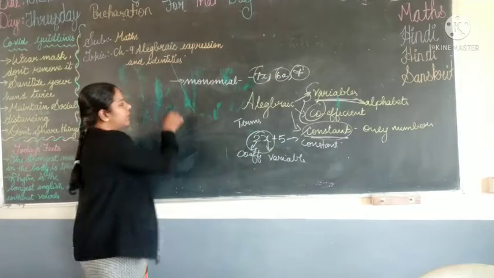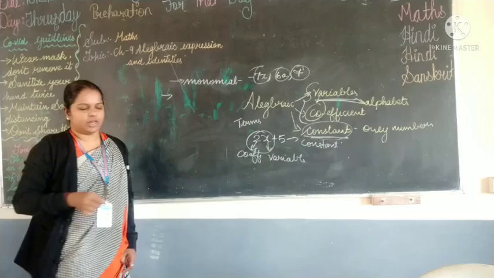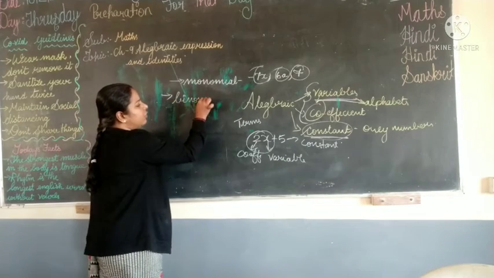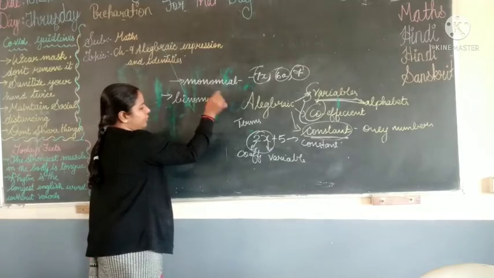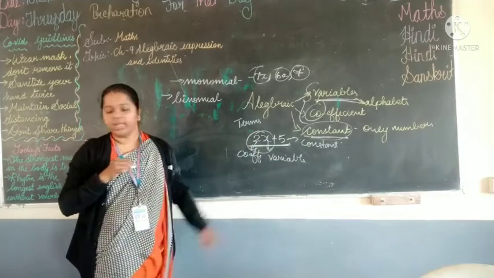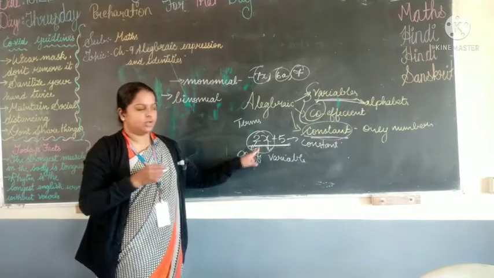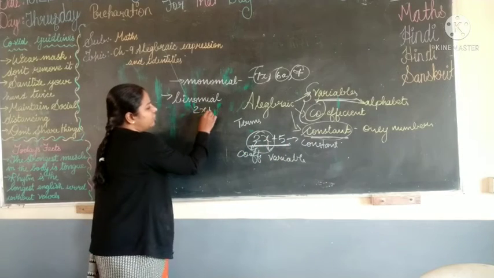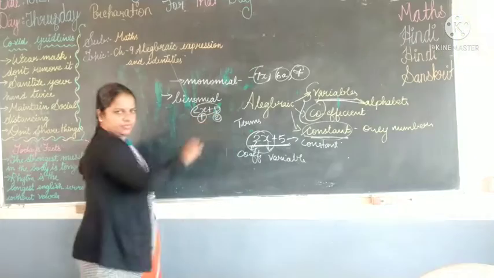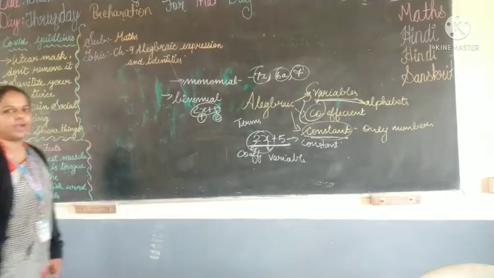Binomial means two terms will be there, bi means two. For example, 2x plus 5 is a binomial because it has a first term and a second term.